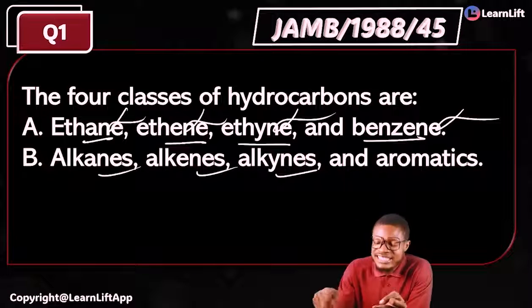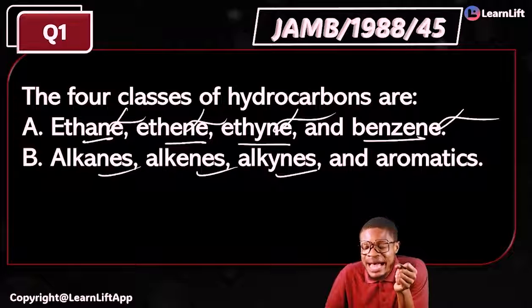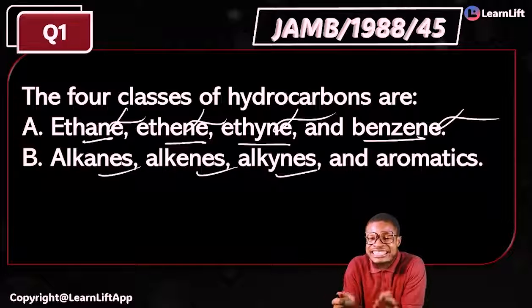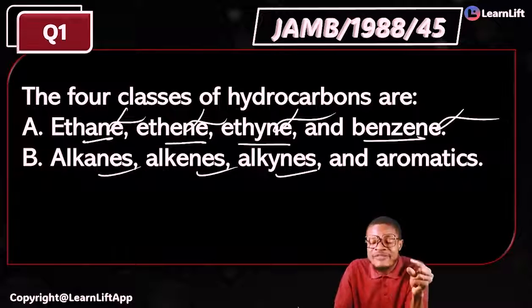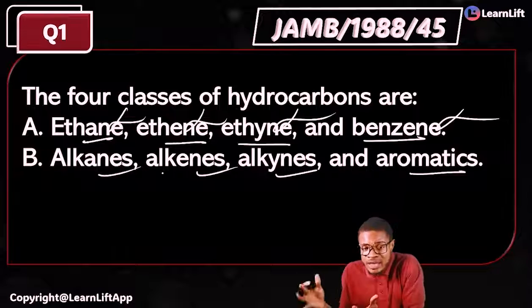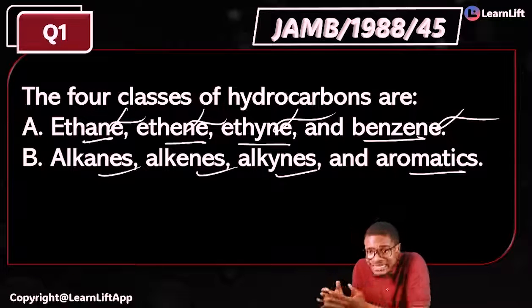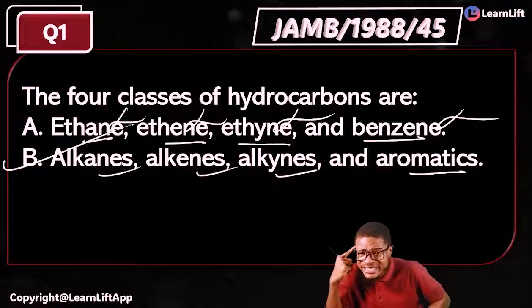Aliphatic. Inside the aliphatic cell, which part of aliphatic are they? Are they under acyclic or cyclic? They are under acyclic. Alkanes, alkenes, alkynes, all of them are under aliphatic. Then we now have aromatic. So I can say your hydrocarbons are divided into aliphatic, which are the alkanes, alkenes, alkynes, and then aromatic. You are correct. So this option is making a whole lot of sense.